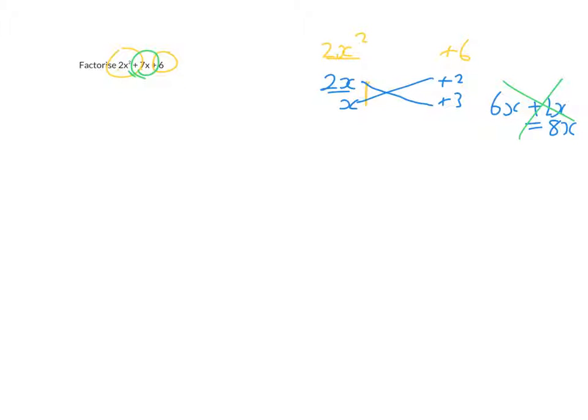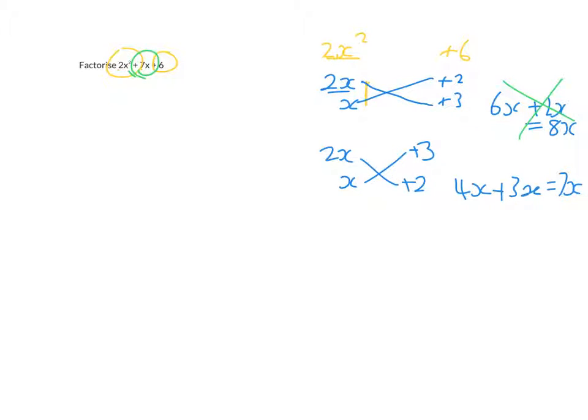So I'm going to do some trial and error here, try another one. If I go 2x and x, what we could try and do is to swap them around. So we could try 3 and 2. 2 times 2 is 4x, plus 3 times x is 3x, and that equals 7x.